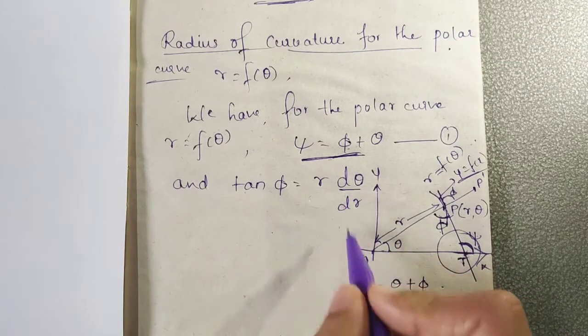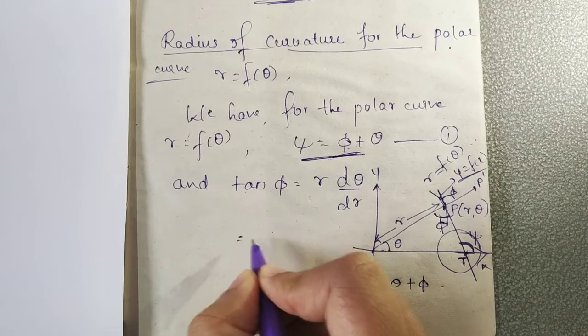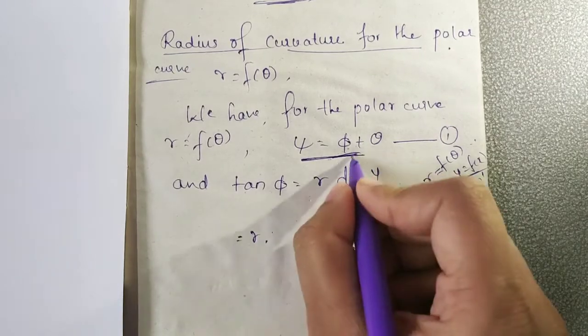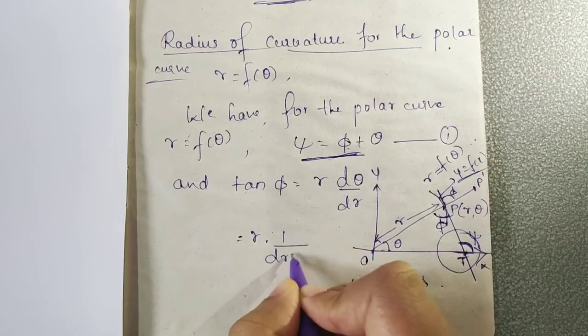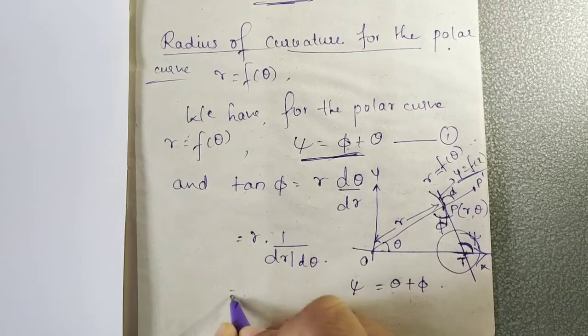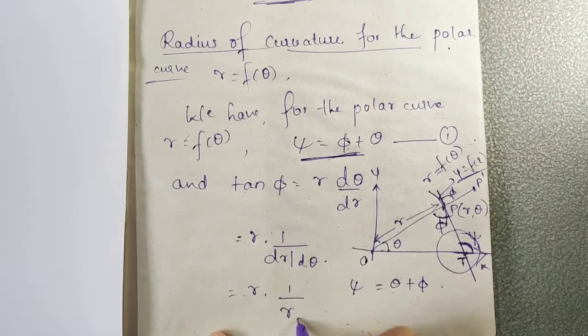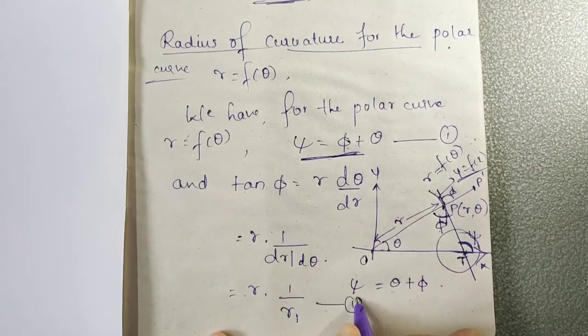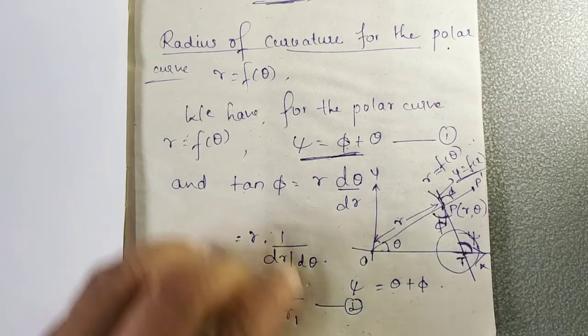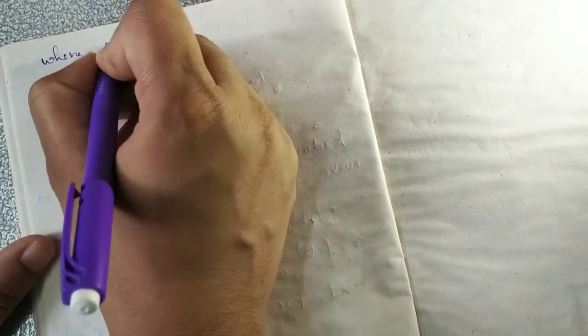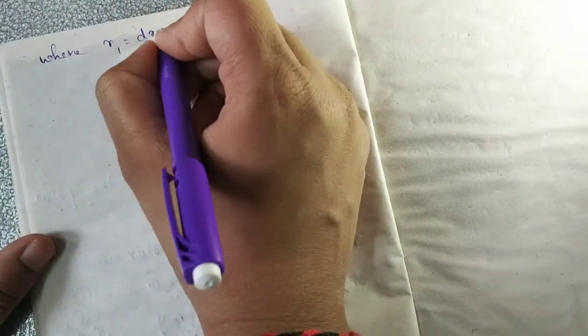So tan phi equal to r into d theta by dr implies tan phi equal to r into, can be written as, 1 divided by dr by d theta, which is r into 1 divided by the derivative of r with respect to theta, which is r1 with the usual notation. Call this equation 2. Where r1 equal to dr by d theta.